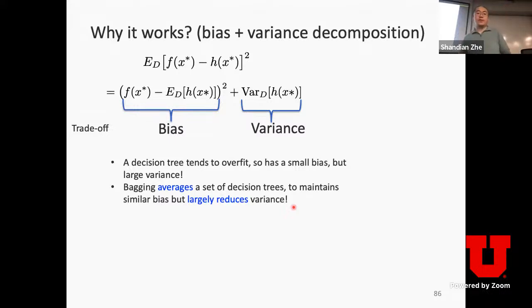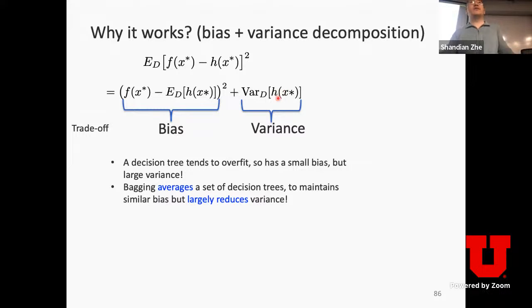If you look at the decision tree, because it tends to overfit, it has a small bias but a large variance. Then the idea of bagging comes into play, right? Since my decision tree has small bias but suffers from large variance, why not independently train a bunch of decision trees, and then use their average as my prediction.